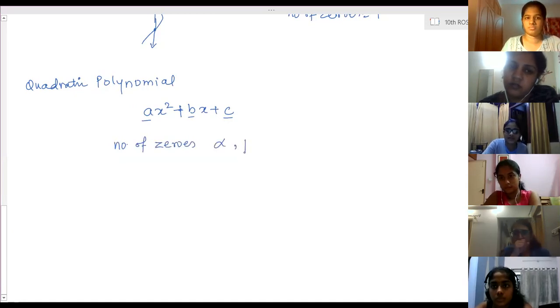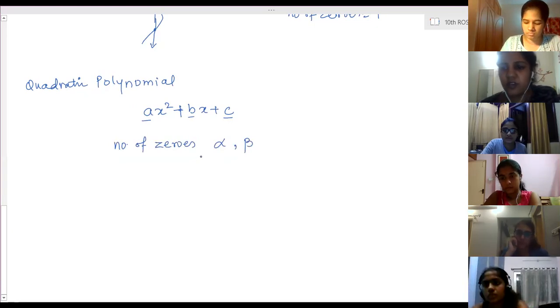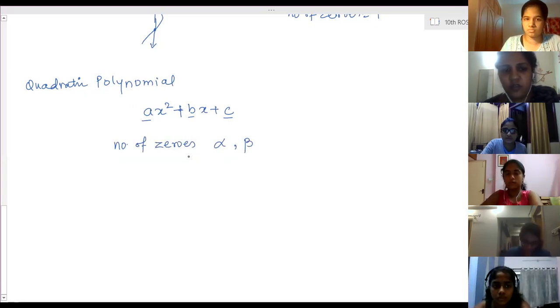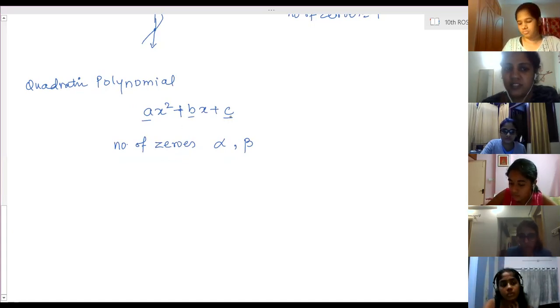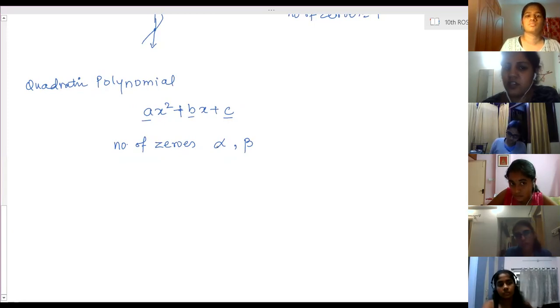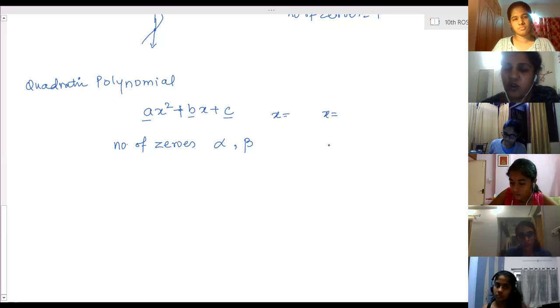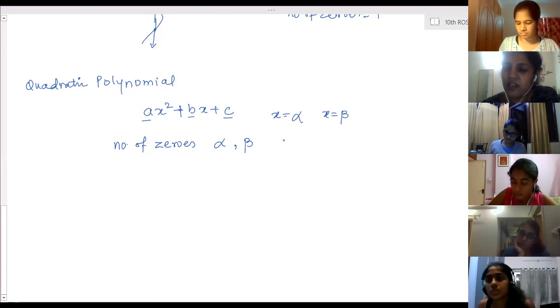Ma'am, do we have to write simultaneously when you are also writing? It's okay, you can write it down when the question is being solved, because this is all you have learned already. So this is the general form. Number of zeros is 2, that is, 2 values of x you will get. In the quadratic equation, you learned how to find the 2 zeros. One value is considered as alpha and the second value is considered as beta.